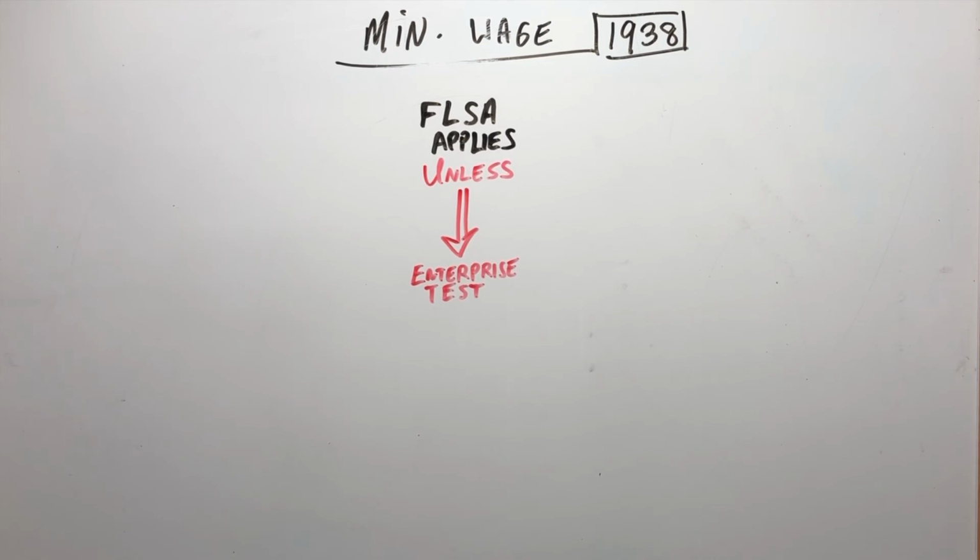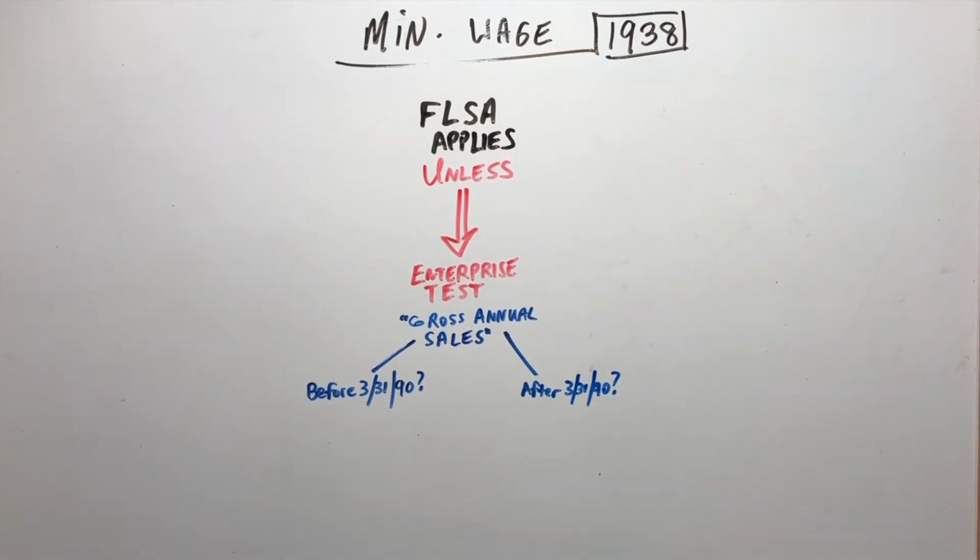The enterprise test is based on gross annual sales. Now, to determine whether the Fair Labor Standards Act applies to your company or not, you need to know when your company began operations. Did your company begin operations before March 31st of 1990 or after March 31st of 1990?